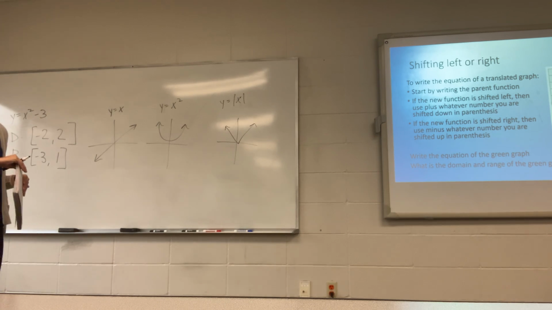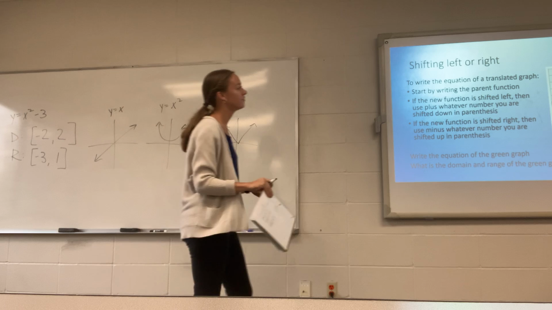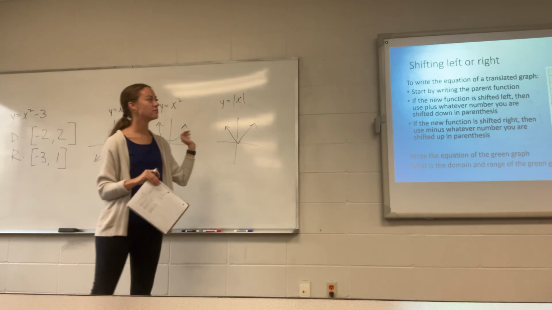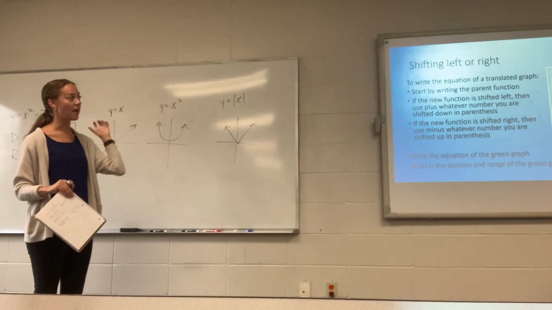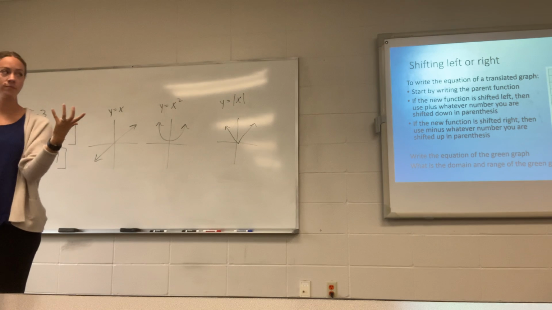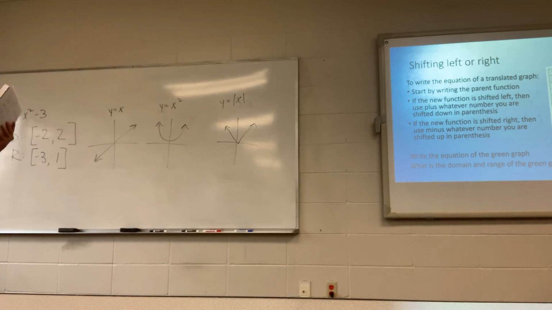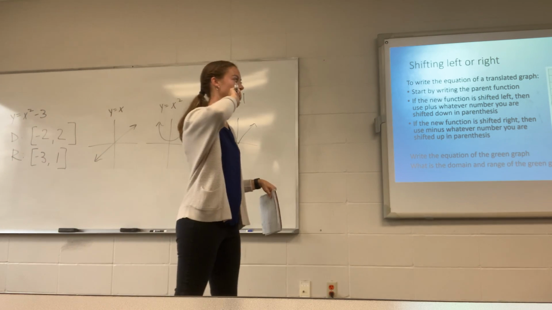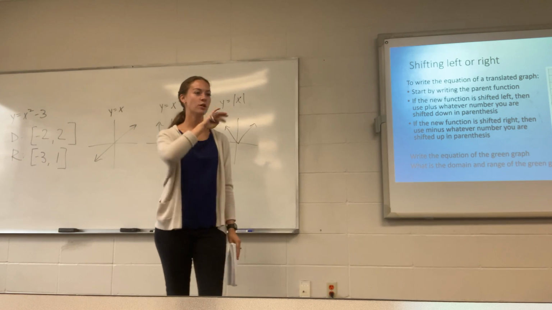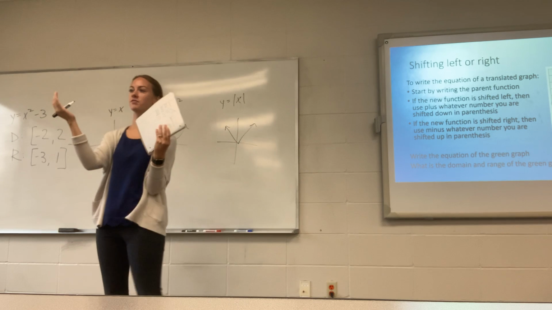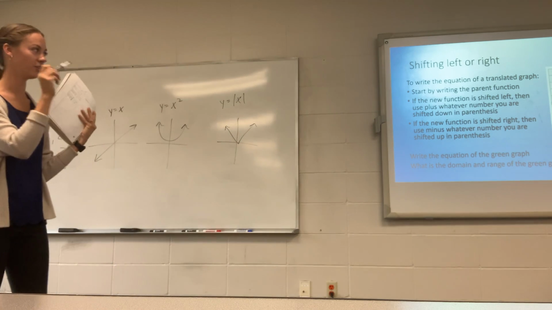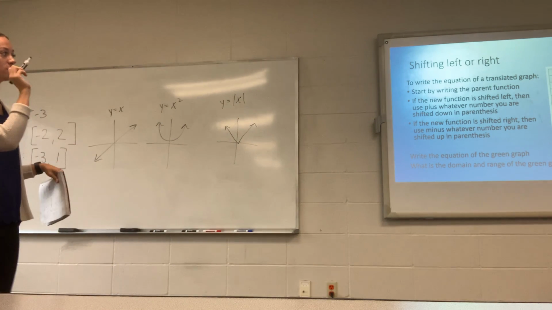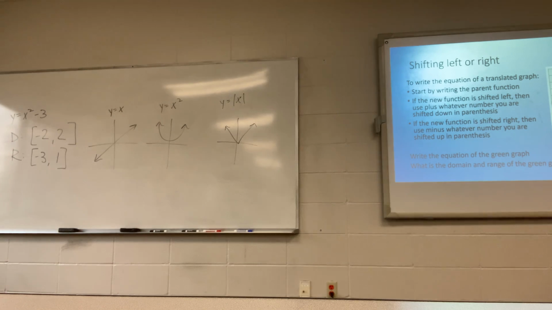So basically, if you're going to the left, you use a plus sign. You put it in your parentheses, and then the squared goes on the outside. So you start with your parent function, you give yourself some parentheses, and then you write the number you're going to the left as plus that number, and if you're going to the right, it's minus that number.